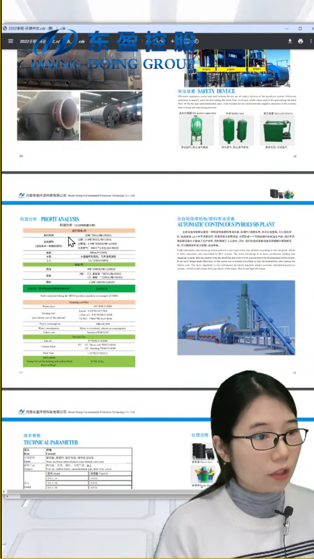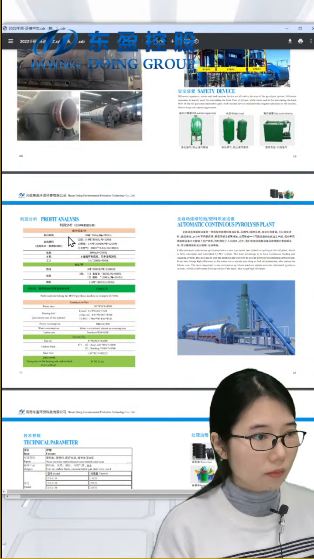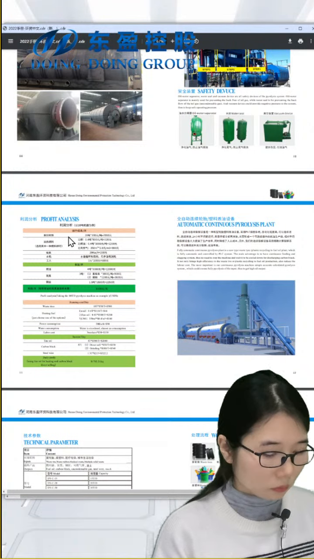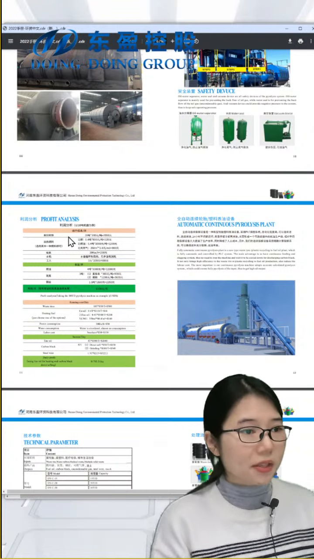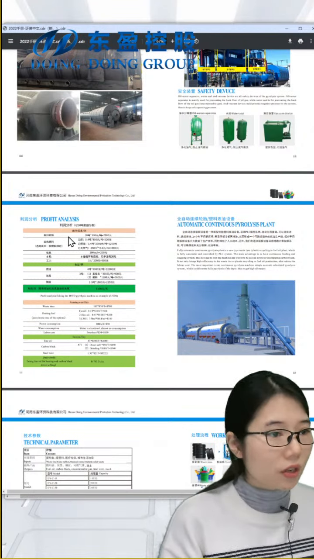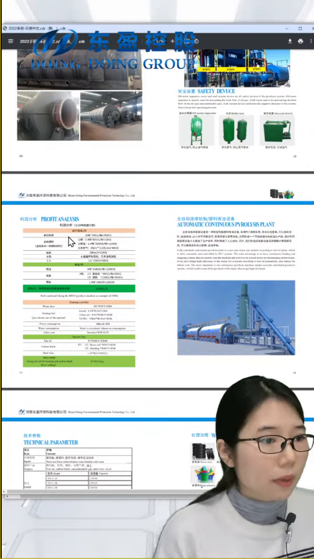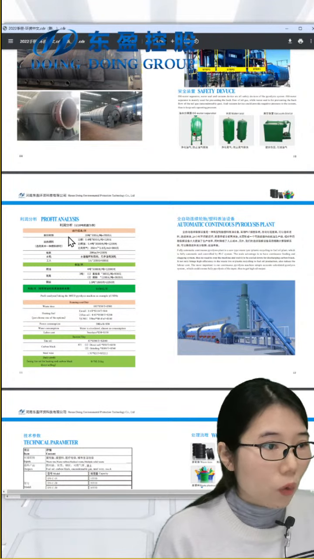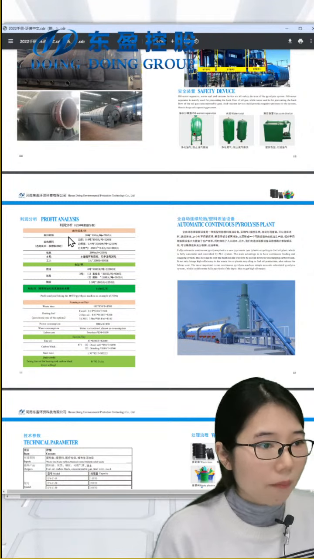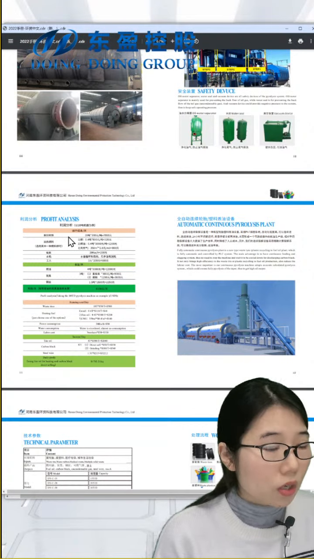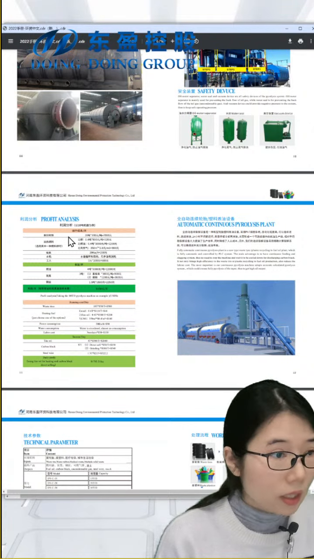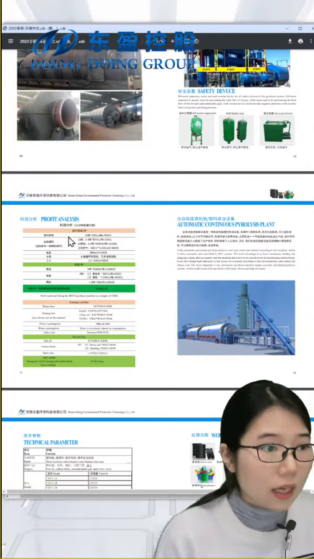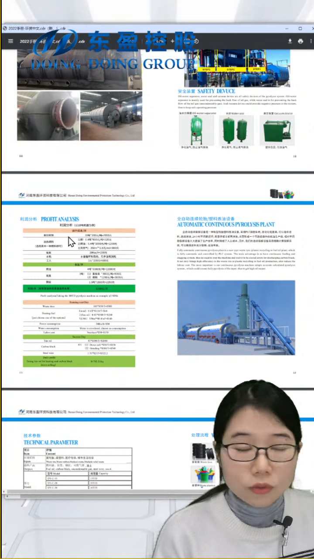Just for example, in the Chinese market, if the tire price is about 700 RMB Chinese yuan per ton, and you want to process 10 tons of tires per day, your cost will be 7,000 Chinese yuan.